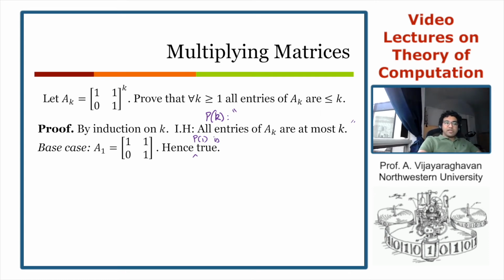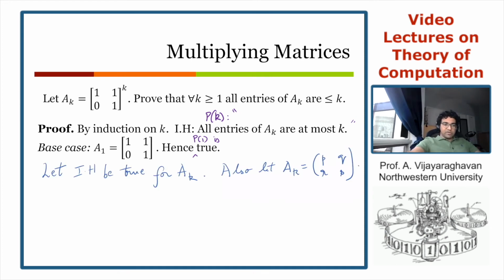Okay, so that's the base case. Now let's assume that this is true for k, or if you want, you can assume that P is true for all natural numbers up to k. So let's say that A^k is of the form P, Q, R, and S, and the only thing we know about these numbers is that P, Q, R, and S are all at most k by the induction hypothesis.